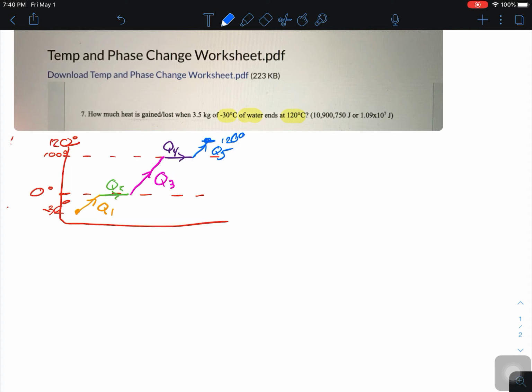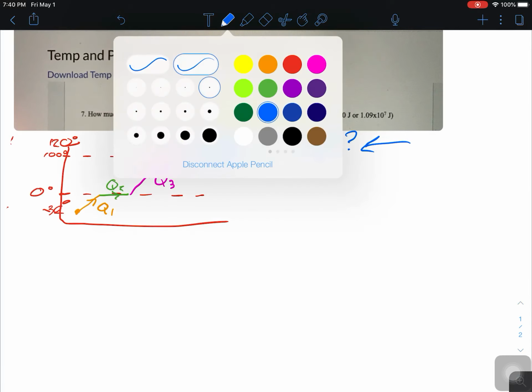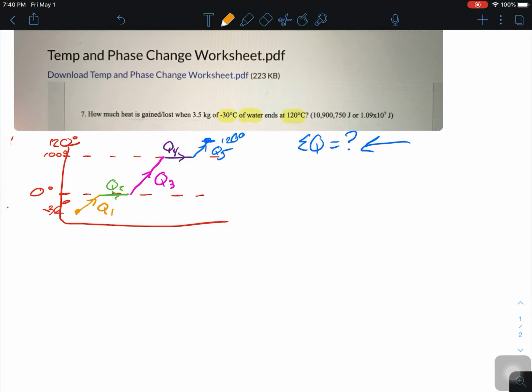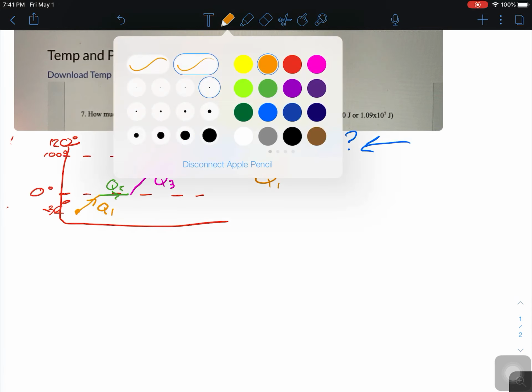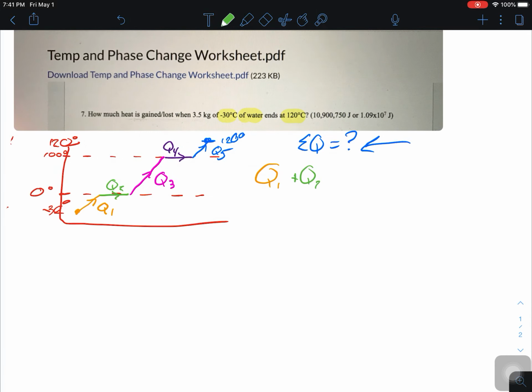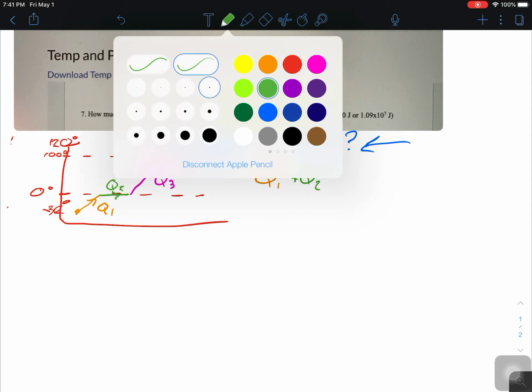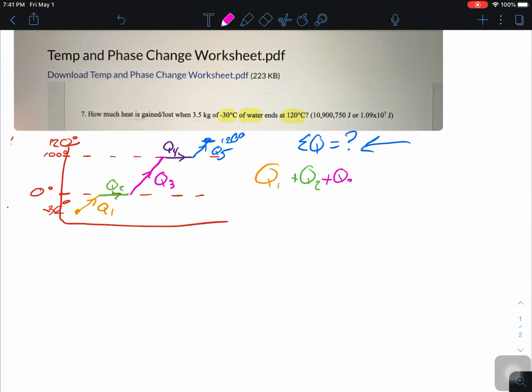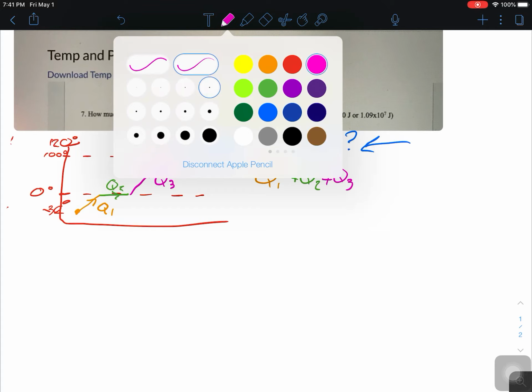Okay, now these are how much heat is gained or lost. So it's a sum of all my Q's is equal to question mark, and we're solving for that question mark. So it's just a matter now of going through and saying, well, it's Q1 plus Q2 plus Q3. What color is next?